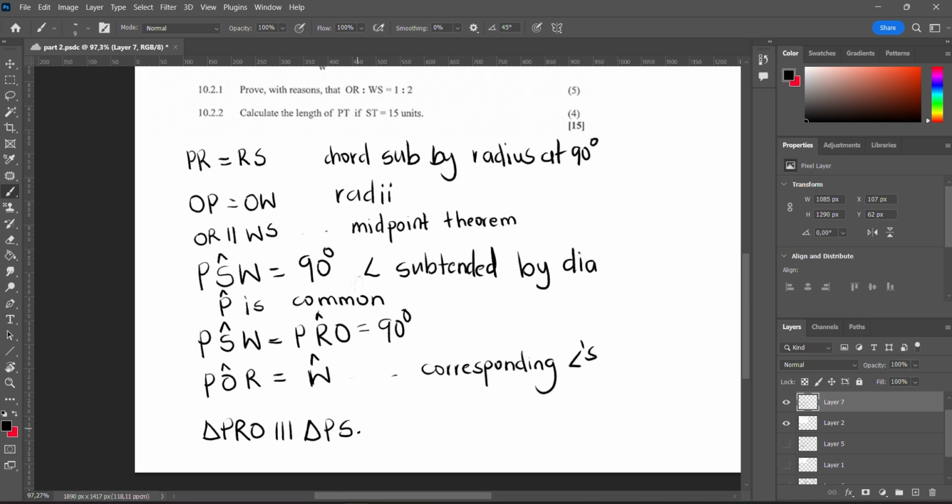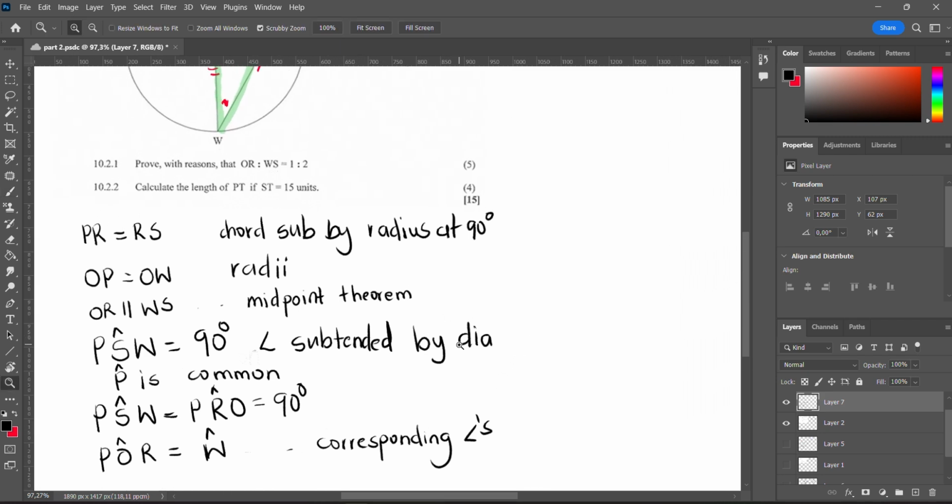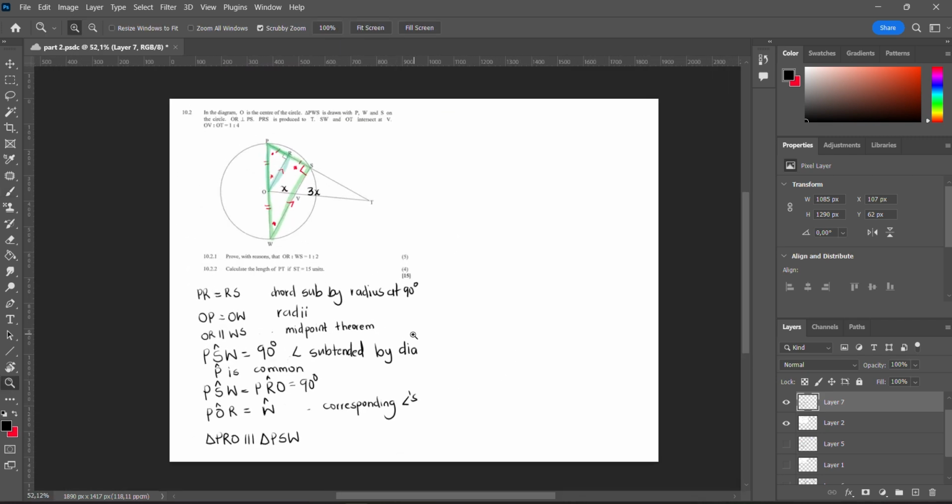Right? So now that we have determined similarity, we can use proportionality to our advantage.